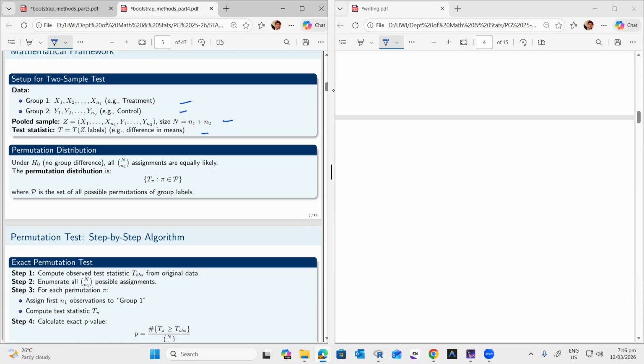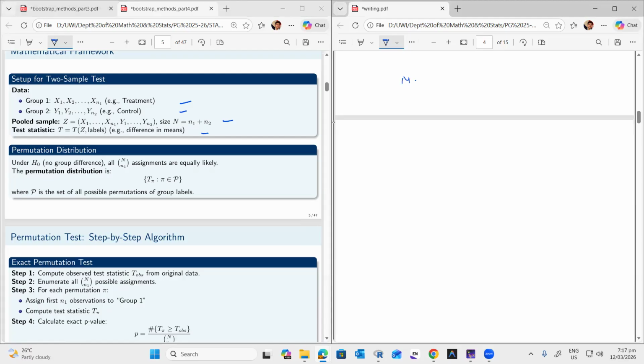For each permutation pi, we reassign the labels to the pooled data, that is Z, x1, x2 up to xn1, y1, y2 up to yn2, and recompute the test statistic T. This represents the collection of M equals N C N1 numbers. In practice, M should be very high.